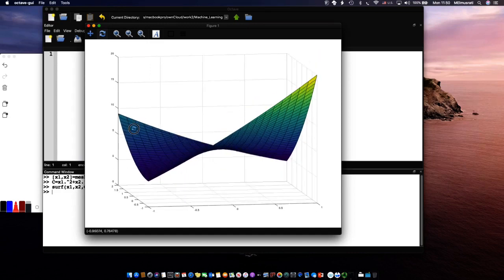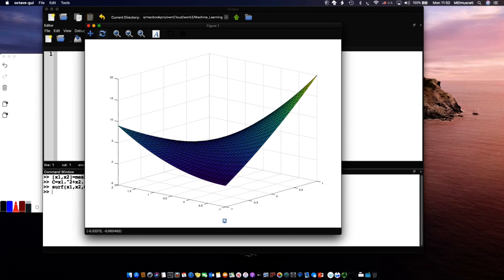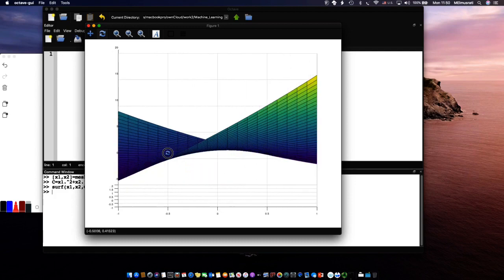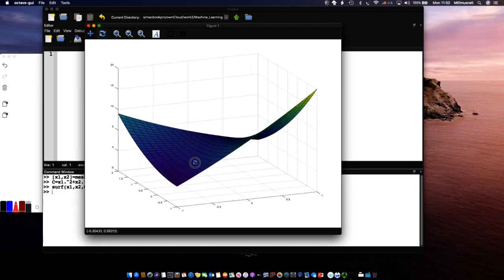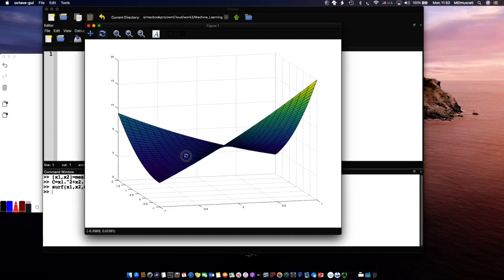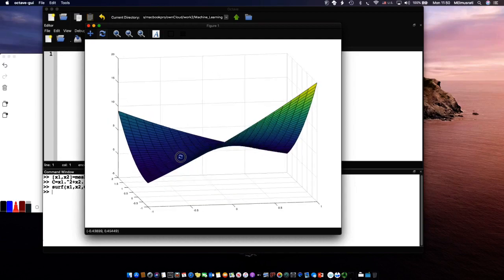You can see this point, between x1 and x2, is a saddle point or an inflection point. It goes up here, but it goes down on the other side, which means that it is a saddle point. You cannot say that it is a minimum or maximum.